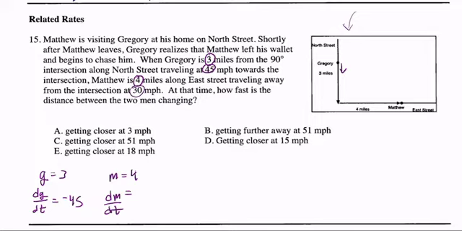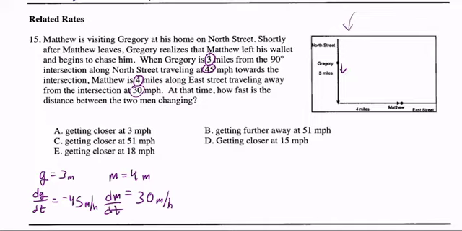Because he's increasing the distance, this rate must be a positive rate. So this is miles, and this is miles per hour. Okay, cool. So we got all our labels.